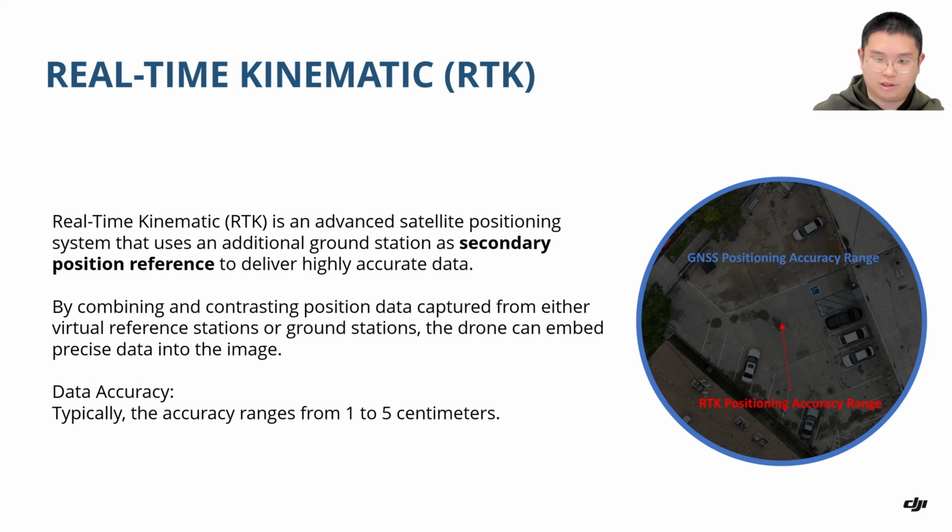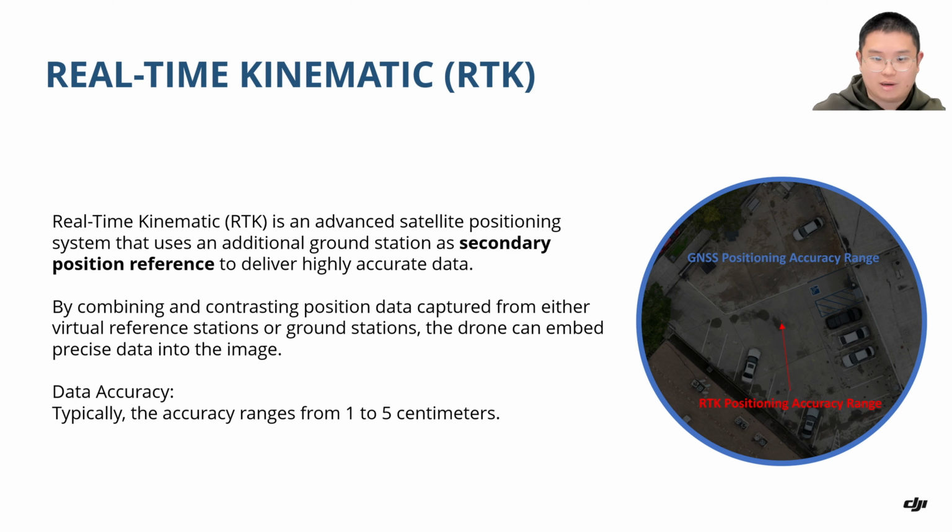Let's now discuss the RTK, or real-time kinematic, positioning method. RTK is a sophisticated satellite positioning system that not only uses GNSS orbiting satellites for positioning, but also uses an additional ground station as a secondary position reference to enhance positioning accuracy. This secondary position reference is critical to provide high precision data.